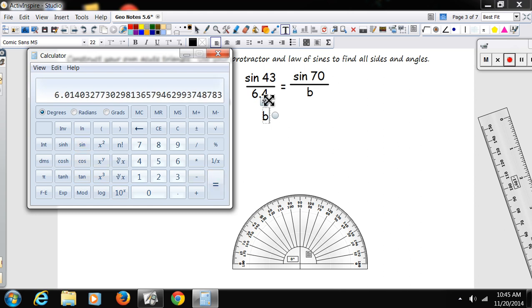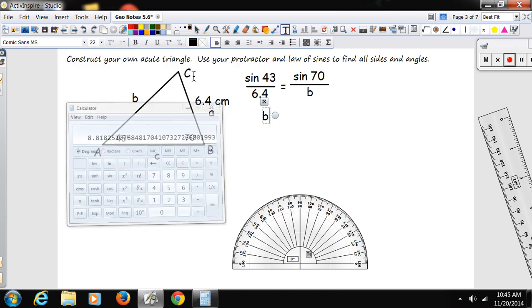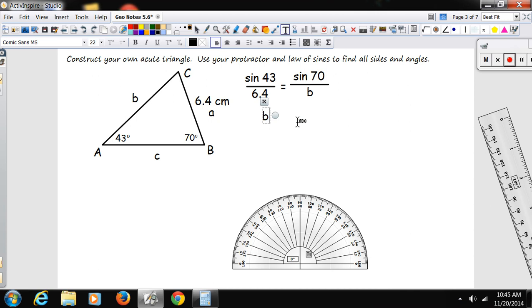And then I'm going to divide that by the sine of 43. So I have to hit 43 sine, equals, and I get 8.8. So my little b would equal 8.8 centimeters. For me, that's not yours. Yours could be totally different.